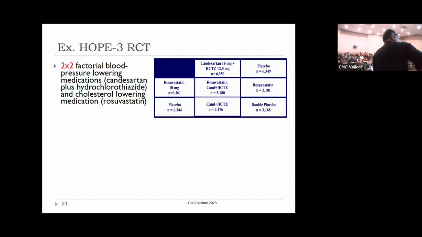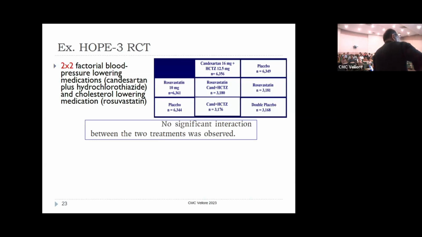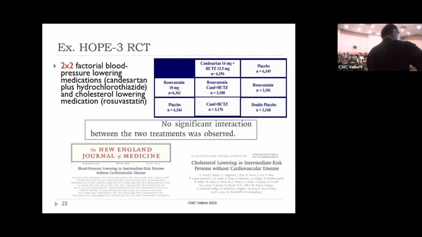So they have rosuvastatin versus placebo, and candesartan and HCTZ versus placebo. And so they had these 2x2 cells here. And there was no significant interaction between the two treatments. And so therefore they were able to publish two separate papers.